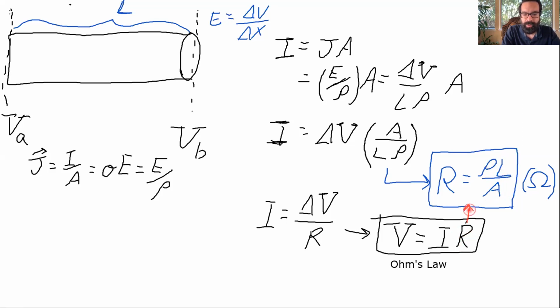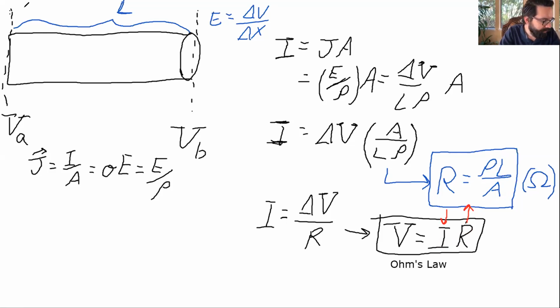So if resistance goes up, you have a lot more collisions. Those collisions are going to slow down your flow of electrons, your current. So if resistance goes up, then our current is going to go down, assuming voltage is constant, which most of the time it will be if you connect it to a battery.